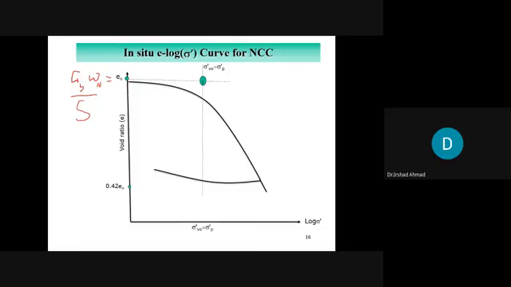Then draw a horizontal line, and where it cuts this straight line, the virgin curve, you mark it as 2. Now you join point 1 with point 2.